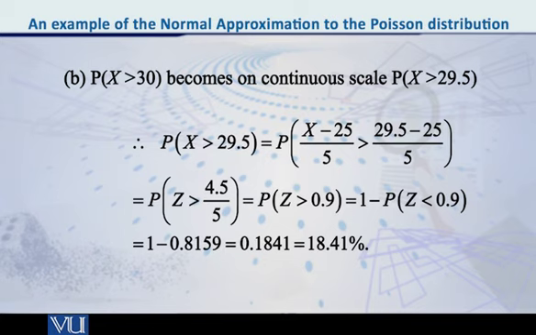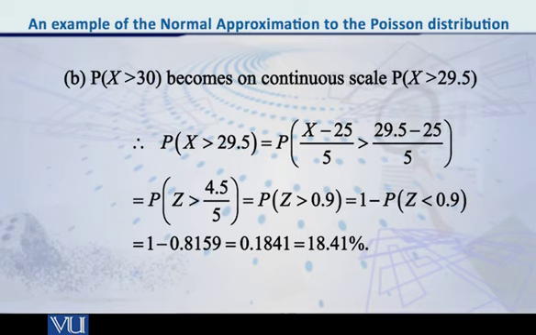And using the area table, this is equal to 1 minus 0.8159. Subtracting, the answer is 0.1841, which is the same as 18.41%, approximately 18.5%. There is approximately an 18.5% chance that in one hour they will get more than 30 calls, whereas on average they are getting 25 calls per hour.